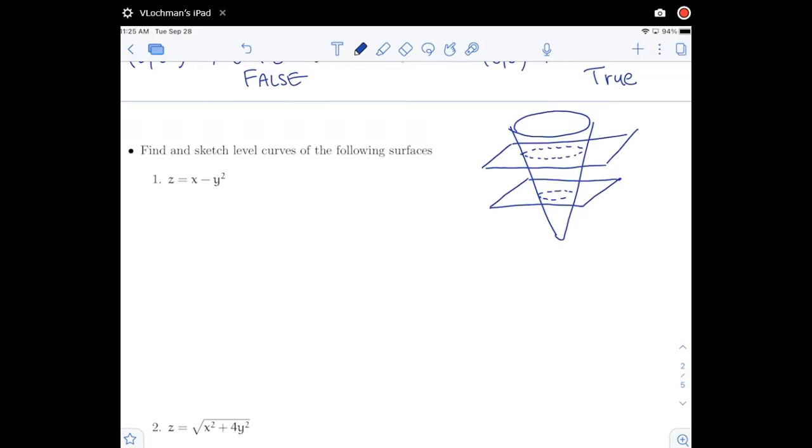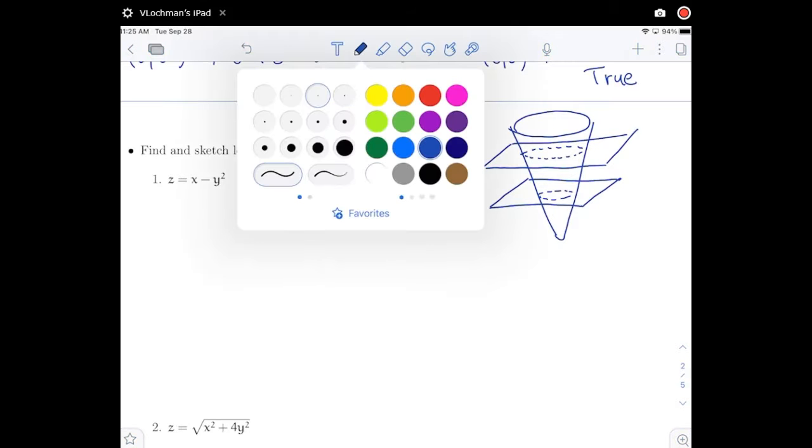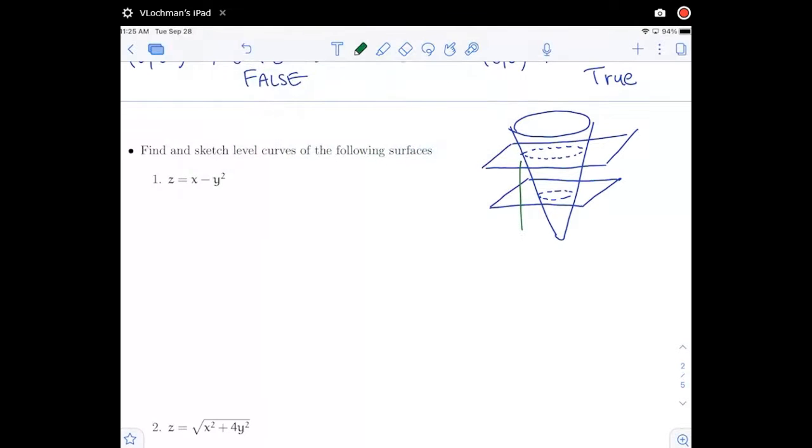And now what I'm going to do, I'm just going to project these circles onto my plane and sketch them here again. So you can see how there's many circles that I can get. And I would mark these curves with the value of the plane that I'm cutting my surface with. So for example, let's say this plane was right here, z is equal to 1, and this one is z is equal to 2.